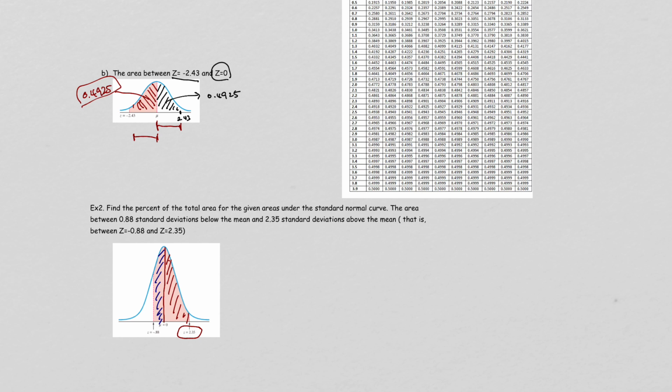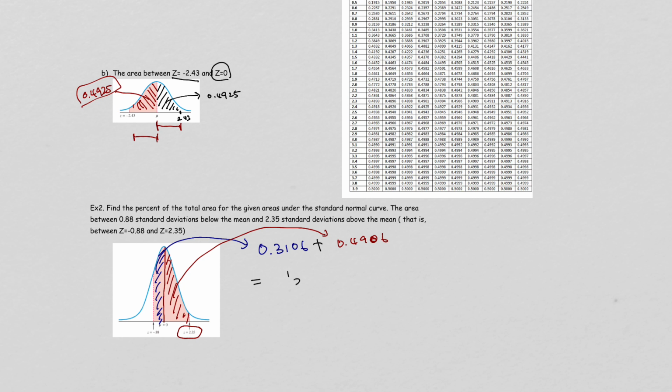The blue area right here is going to be 0.3106, plus the red area under the table, which is going to be 0.4906. When you add them up, that will be the total area.